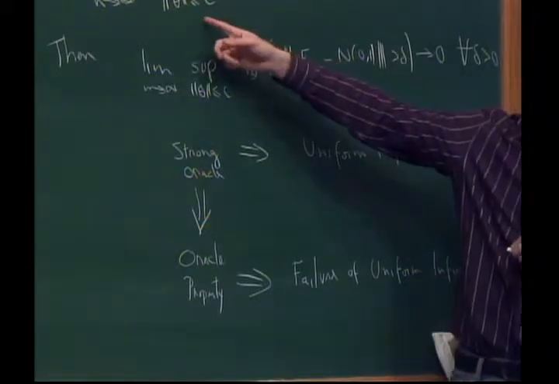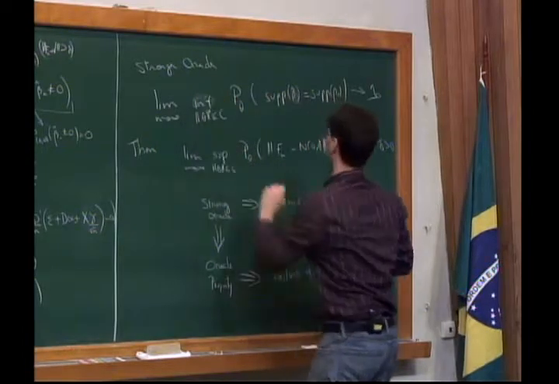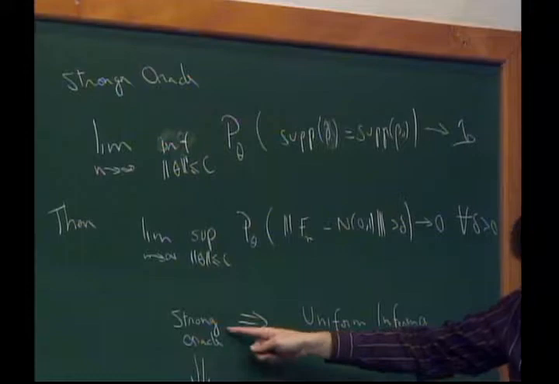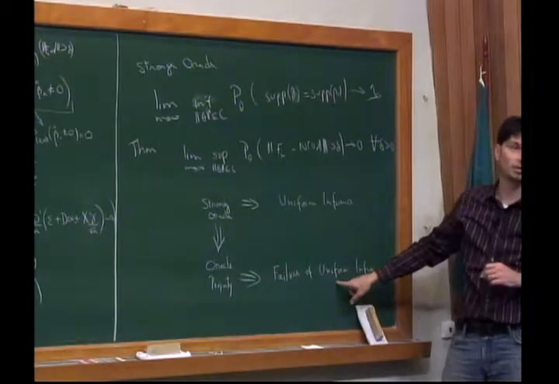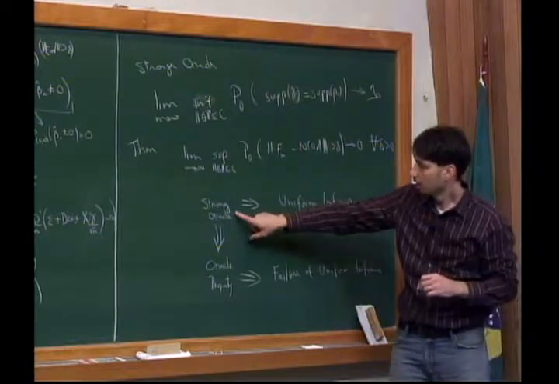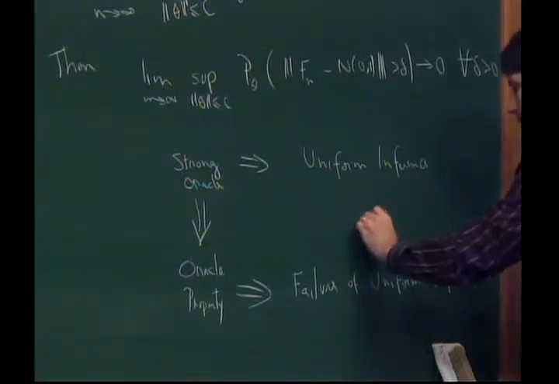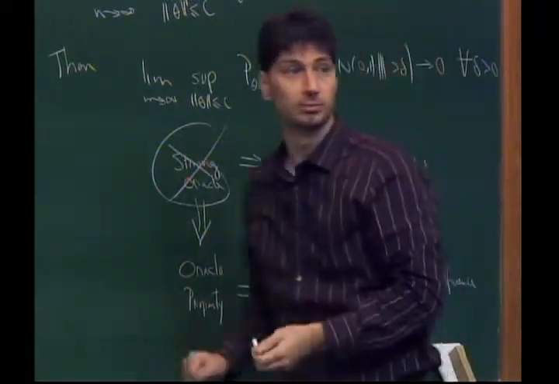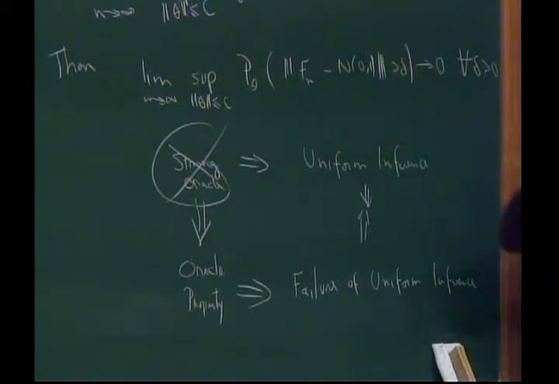Because I just put the sup here. So it's a stronger requirement. So this implies the oracle property, which implies the failure, and this implies that it works, which leads to a contradiction. No such thing exists. If you think the solution was to strengthen the requirement, it cannot be done.